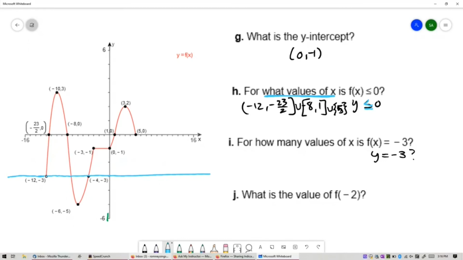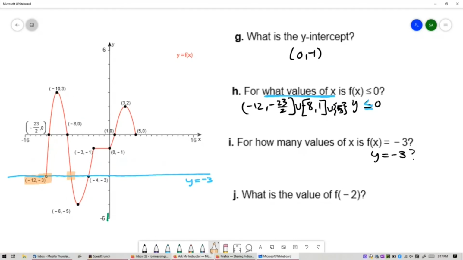This horizontal line shows me on the whole coordinate plane all of the ordered pairs that have a y coordinate of negative 3, and I want to find the ones that are on the graph. So starting over here on the left, I notice that this open circle crosses through that point with a y coordinate of negative 3, but we have to remember that the open circle is not included in the graph, so we're not going to include that one.